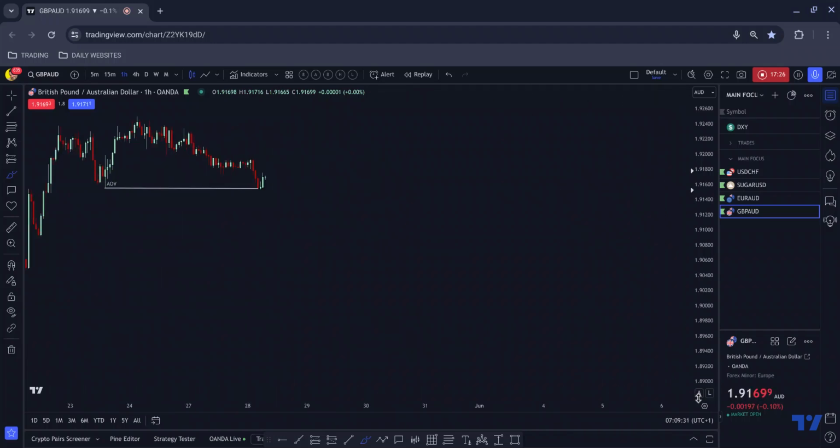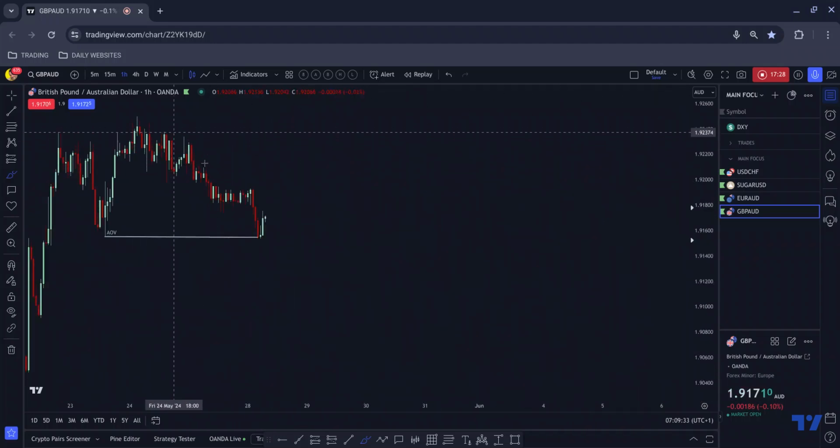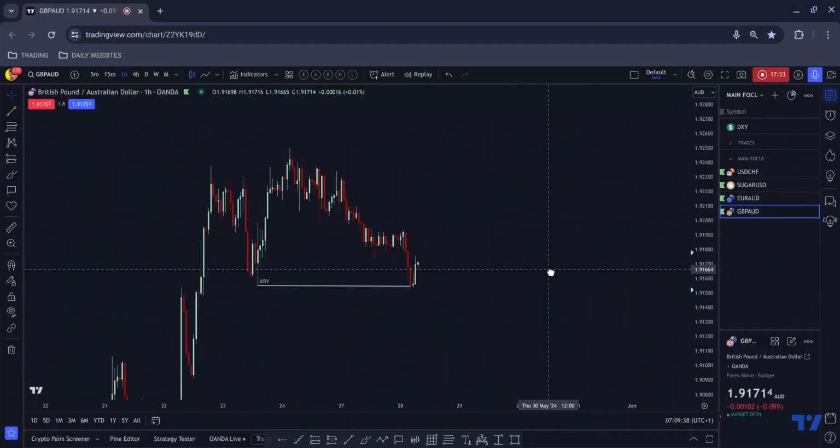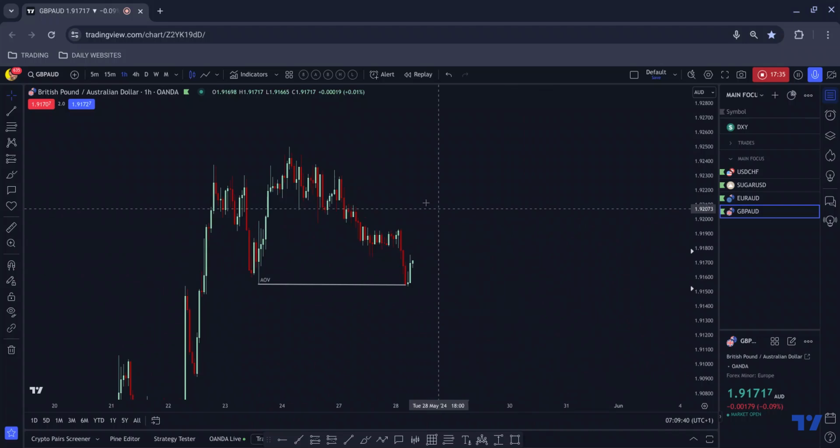I predicted that price would just trickle its way there just because of how it was forming. Sometimes you can't explain why, but when you've seen enough price action, I just saw this and thought it was going to trickle its way down to there, and likely the last bit of the move would have a bit of momentum, because that's usually just sellers getting out of their positions, and you can see that appears to be the case.